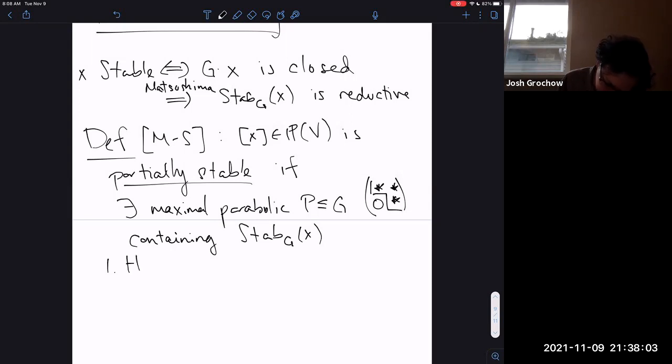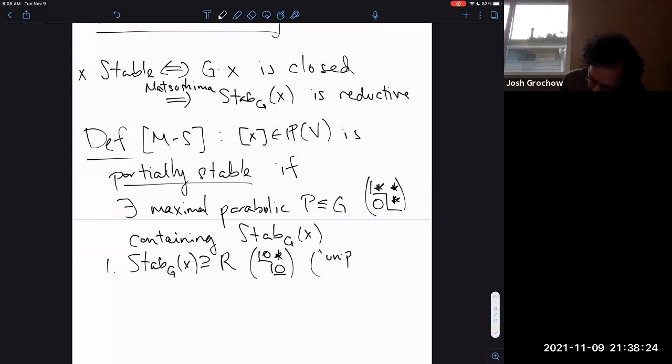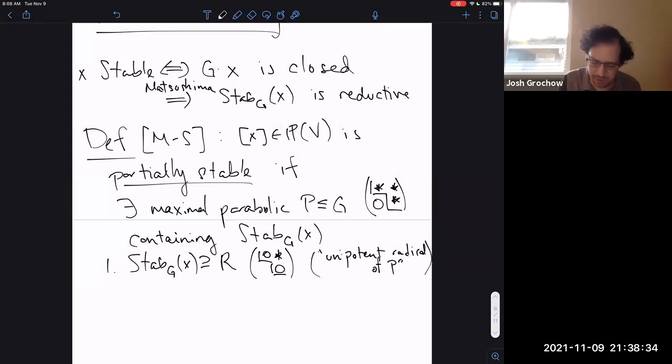One, the stabilizer H contains R, where R, if this is our parabolic group, is this. Technically this is called the unipotent radical, but you should think of it, particularly in the case of GL_n, it literally is this.